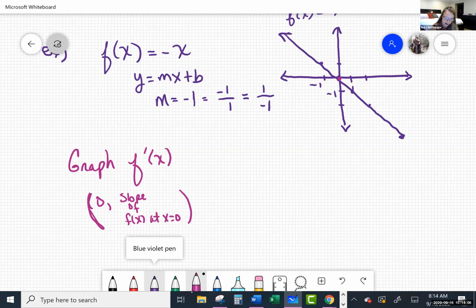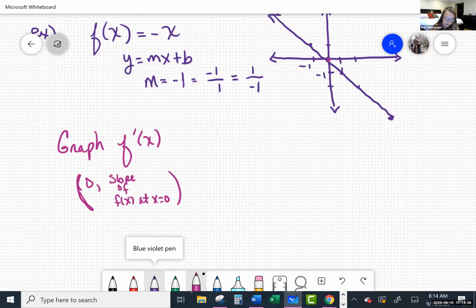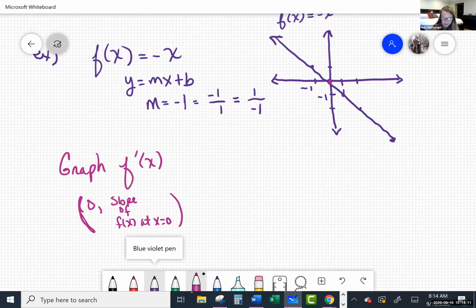And so here then, if I start thinking of my points, I'm going to have one at 0, -1. Let me just plot that. Just so we didn't get confused. Okay, so we have one at 0, -1. So when x is +1, my slope is still -1.